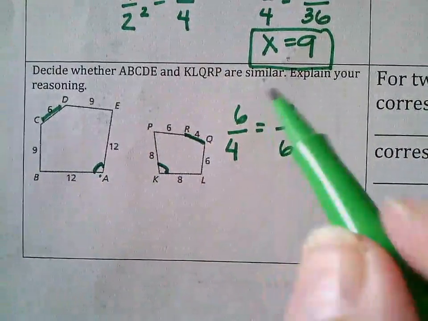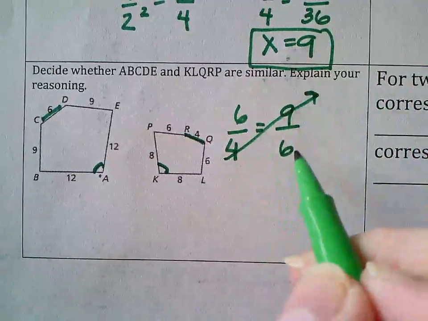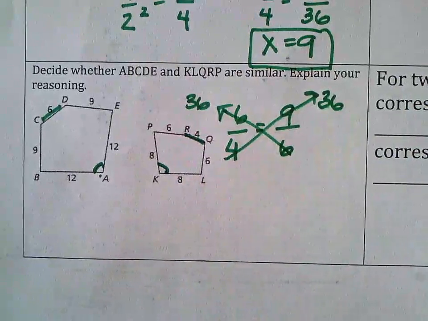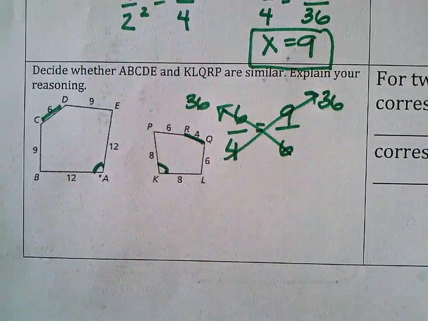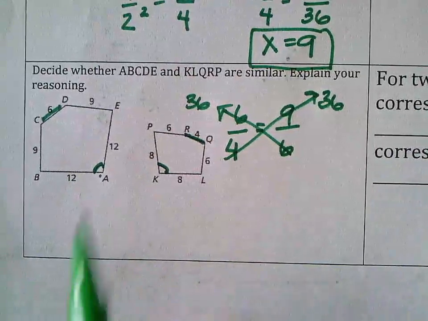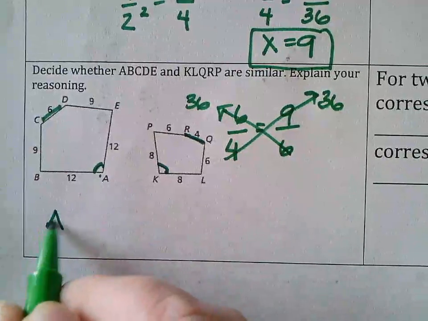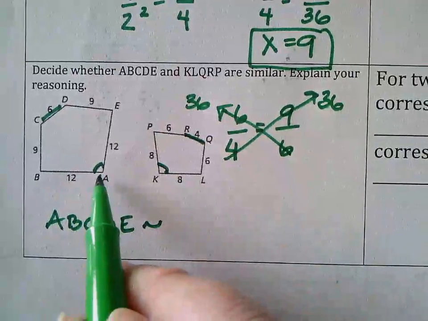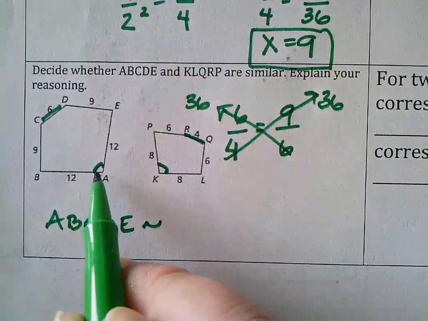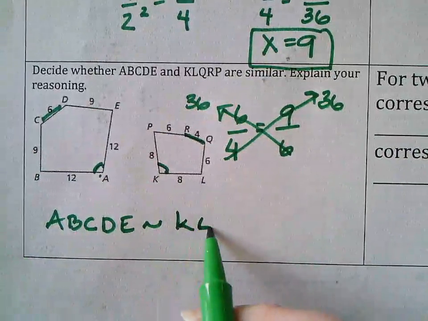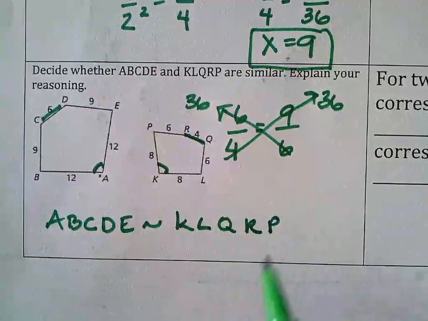If these are equal, you can cross multiply them and get the same answer. If that's true, then these are equal. And then you can write a similarity statement. So ABCDE is similar to, and I started with that right there, and then I went to the side and then up, so KLQRP.